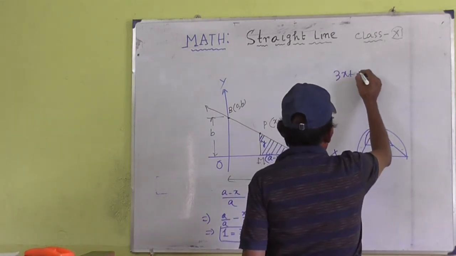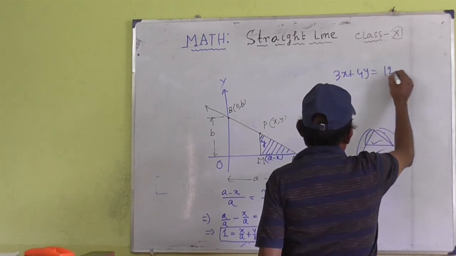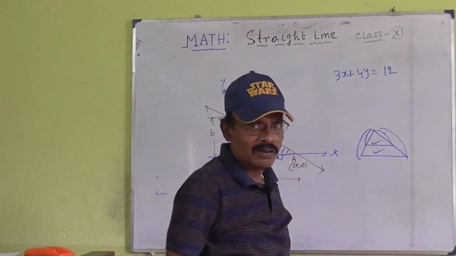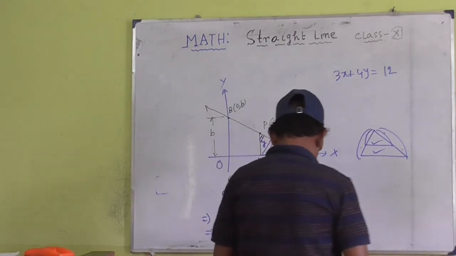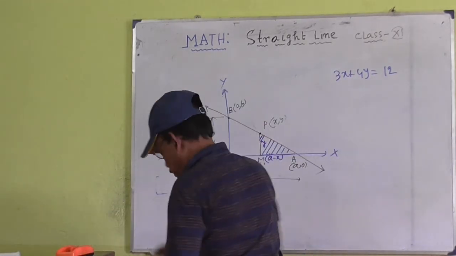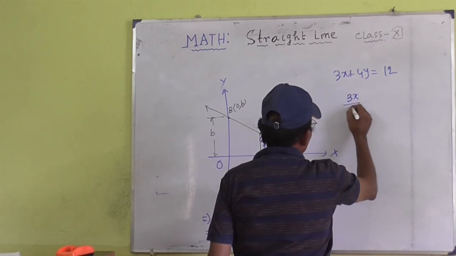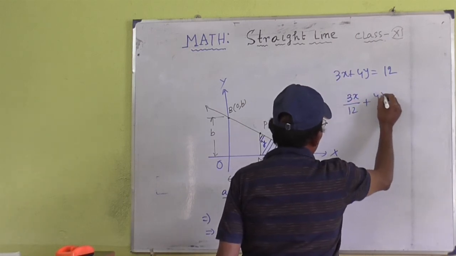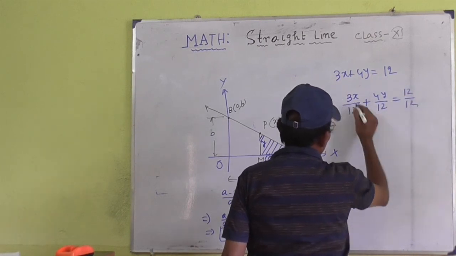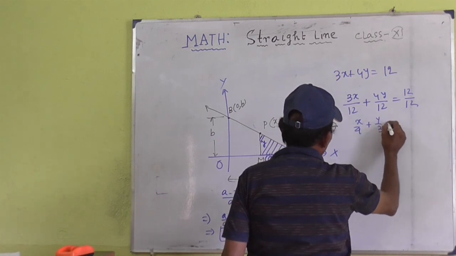If we choose a line 3x plus 4y equals 12, what is the actual figure on the coordinate axis? We divide by 12. So this will be x by 4 plus y by 3 equals 1.